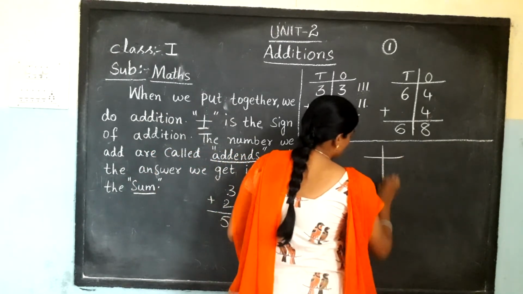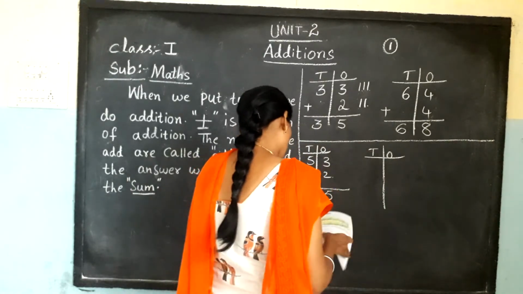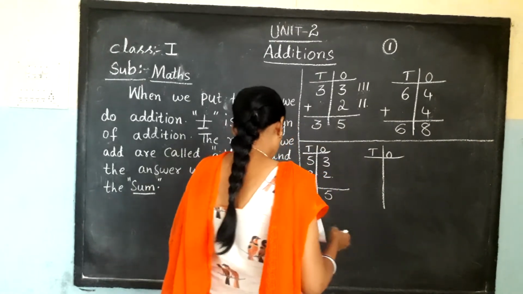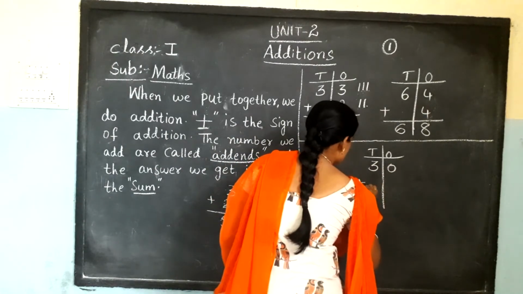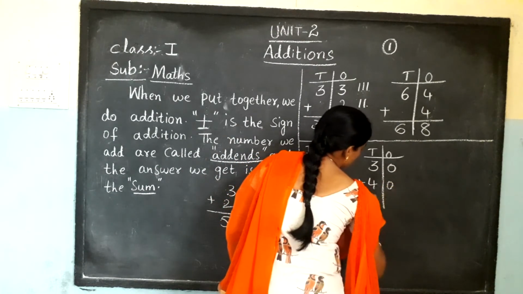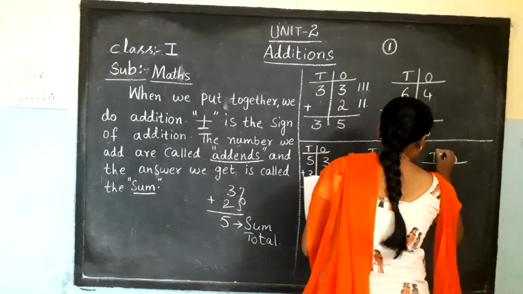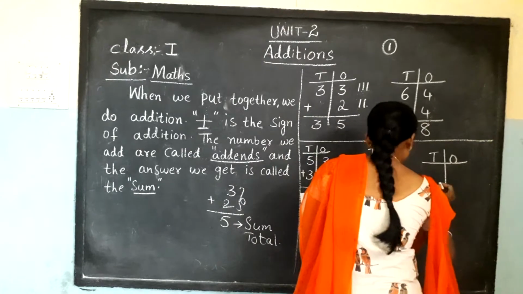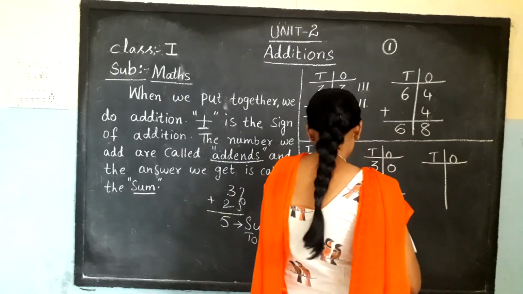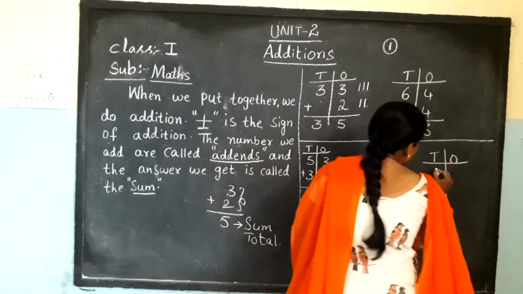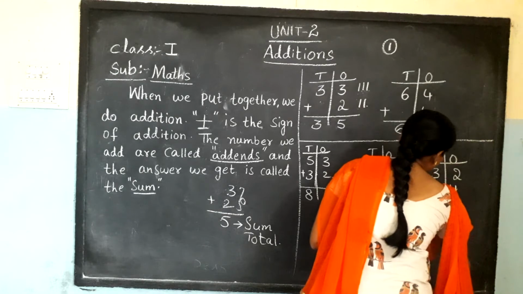Next one, ones, tens. From your textbook only I am explaining. 30 plus 40. Next, ones, tens. 32 plus 14.